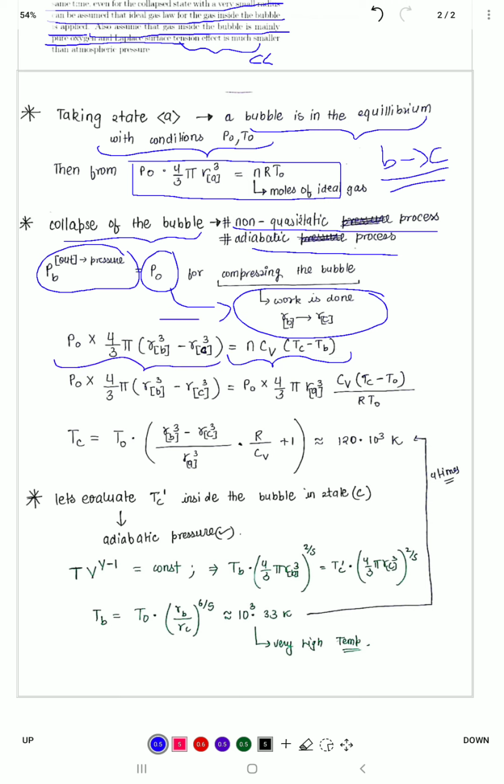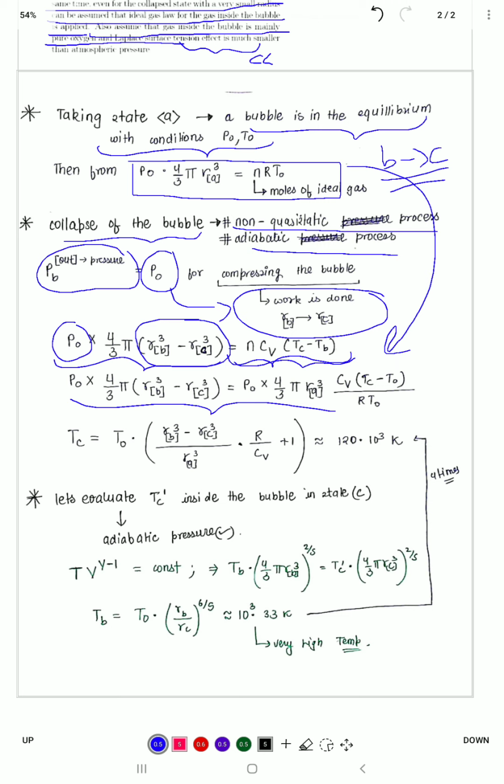This is the decrease in volume, this is the pressure. So the work done, P naught dV, is equal to the change in internal energy. From that equation and this equation, for the first condition in state A, when the sound wave has already passed by and we got an equilibrium condition, the P naughts get cancelled. What is P naught?